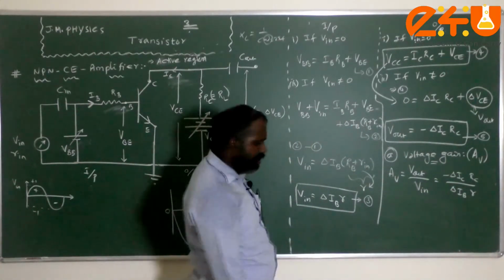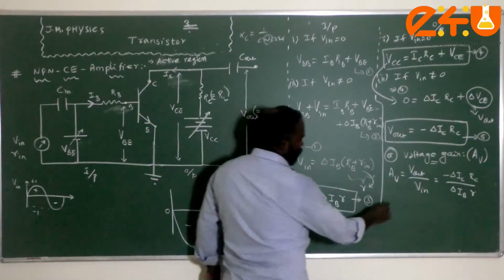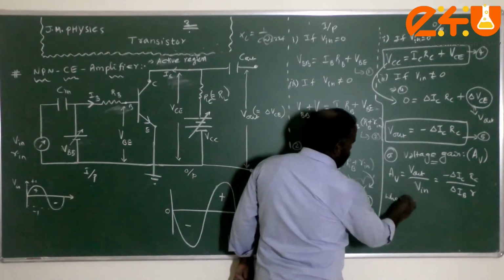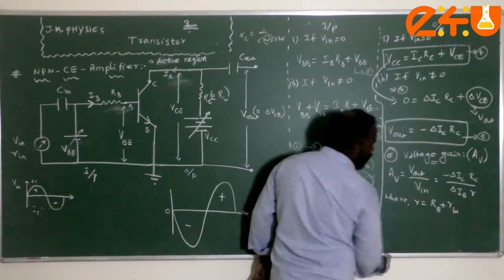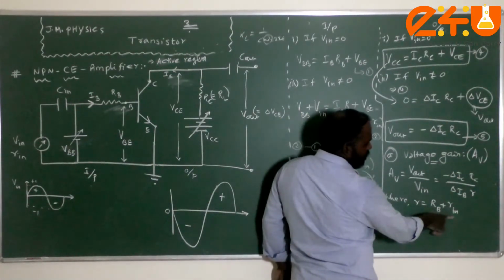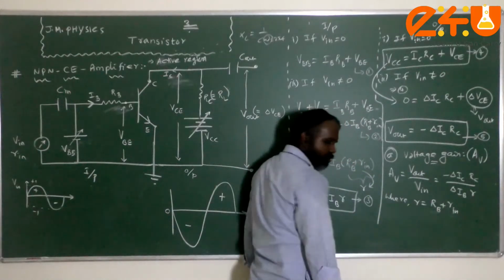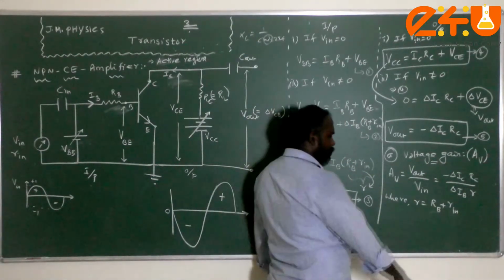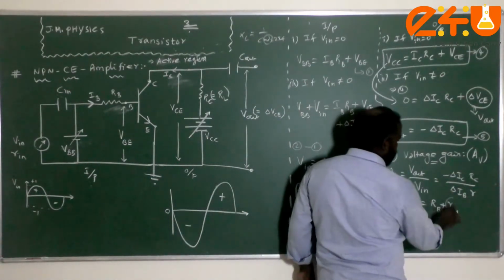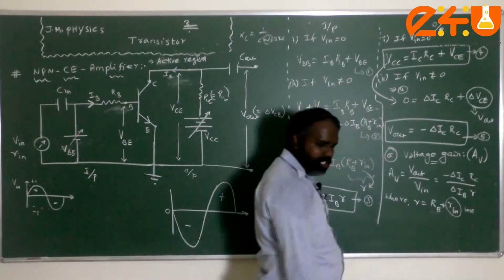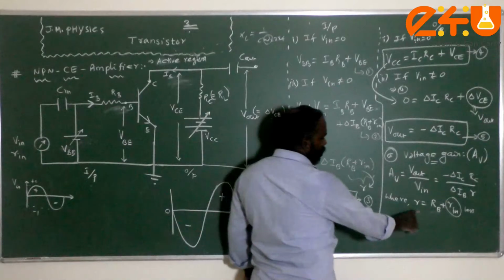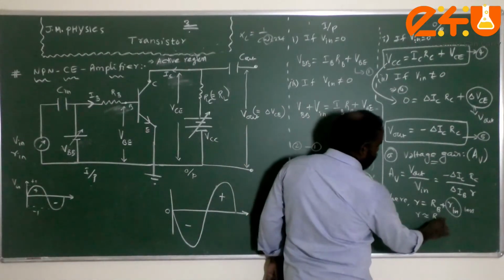Here small r is equal to RB plus Rin, that is base resistance plus resistance of the signal circuit. Generally, compared to the base resistance, Rin is less or negligible. Therefore, small r can be written as capital RB.